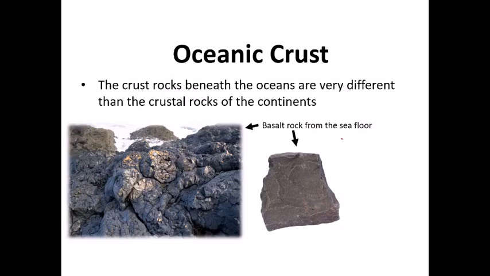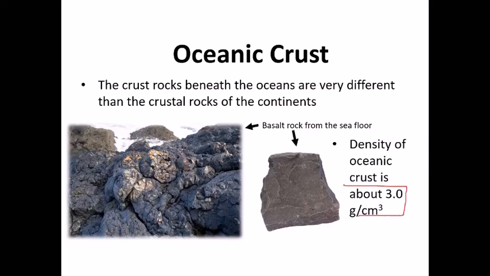Okay, so the crustal rocks beneath the oceans are very different from the crustal rocks of the continents. So if you go into the oceans, it's basalt. The density of the crust, it's very important, you need to know this, is about 3.0 grams per cubic centimeter. Now, do you all remember the density of the whole Earth? It was 5.5 grams per cubic centimeter. Why is the whole Earth denser than the oceanic crust?